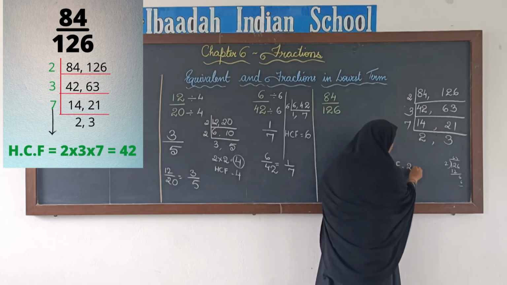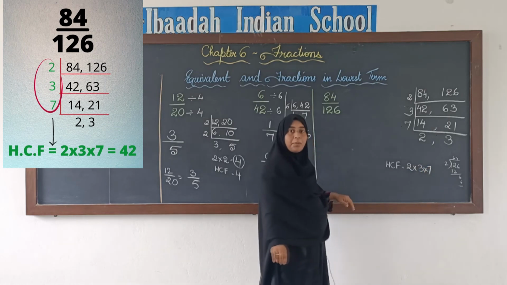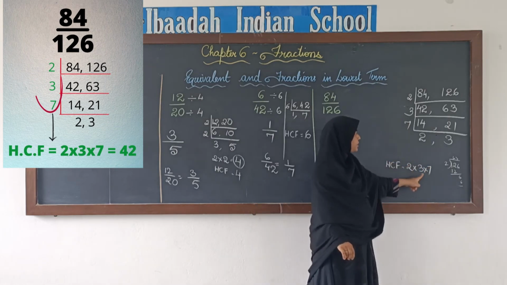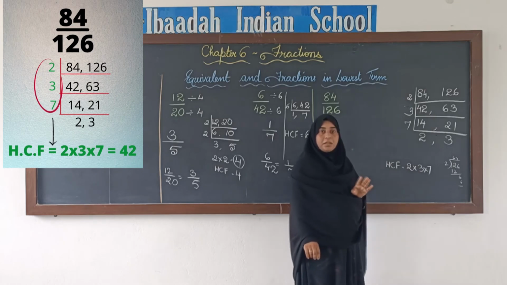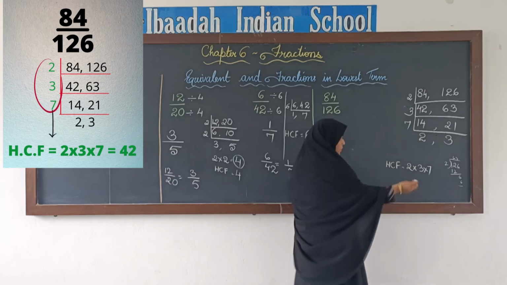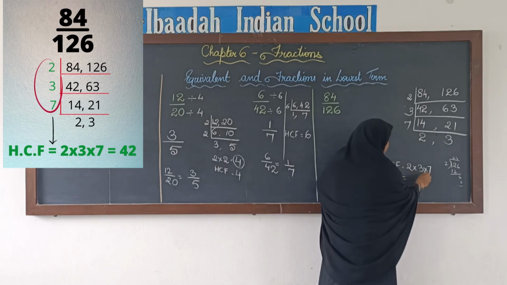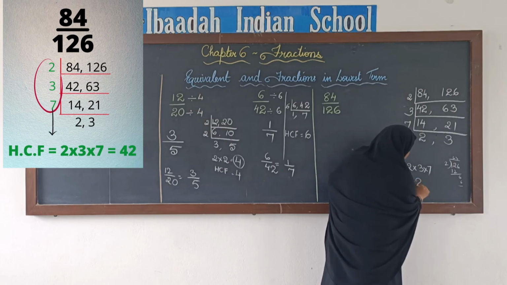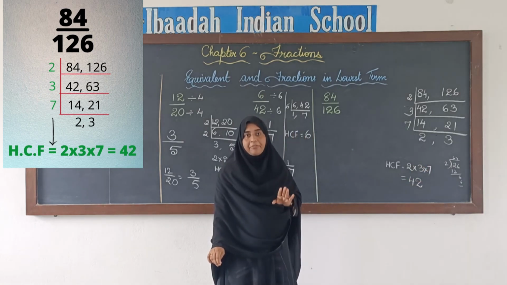So, 2 into 3 into 7, these are our common factors, 2, 3 and 7. We need to multiply them and get the highest common factor, HCF. 2 3s are 6, 6 7s are 42. 42 is our HCF, okay.